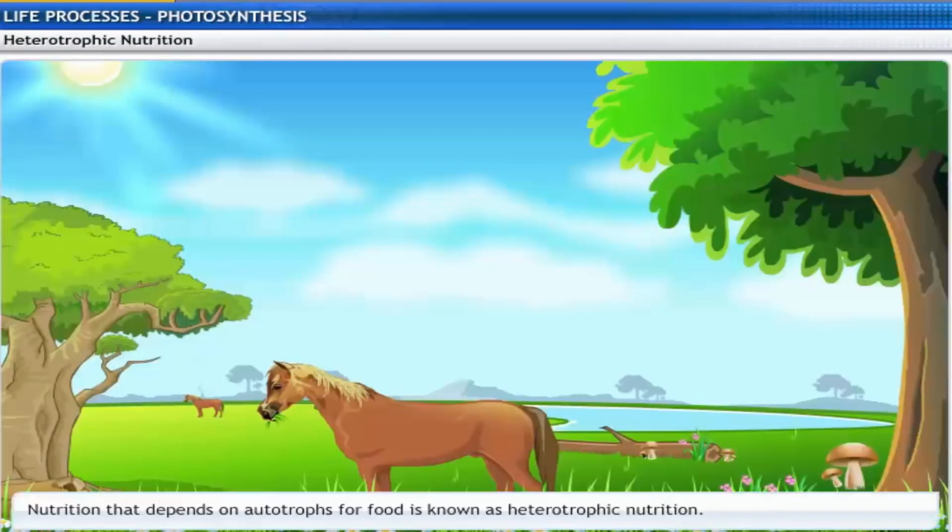Fungi and animals cannot prepare their own food and directly or indirectly depend on autotrophs for their food. Such organisms are called heterotrophs, and the process of nutrition in heterotrophs is called Heterotrophic Nutrition.